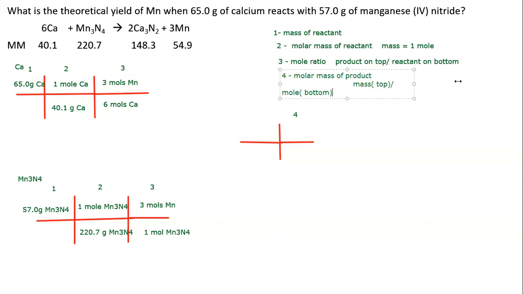So step 2 and 4 are just opposite. So for manganese, it's 54.9 grams, 1 mole. Now, when we work this out, we get the moles of product produced by each reactant.